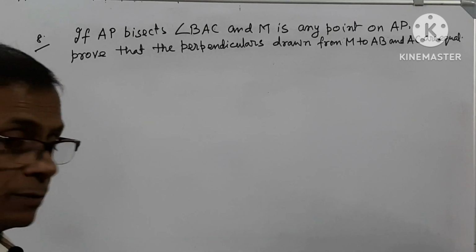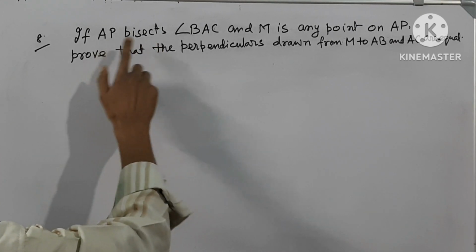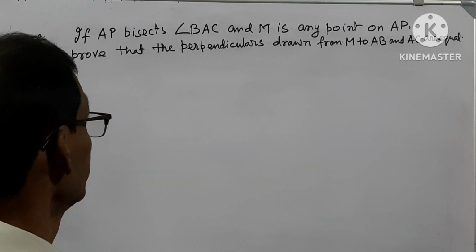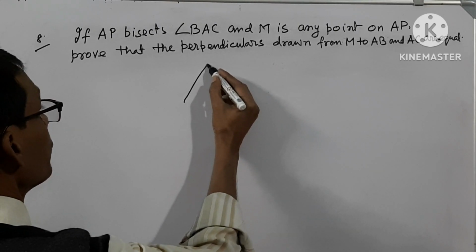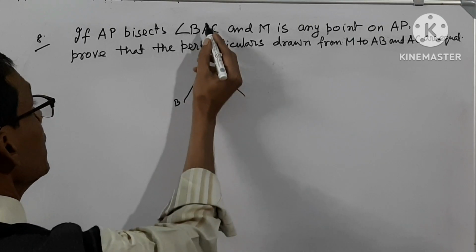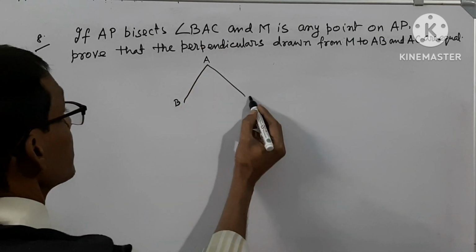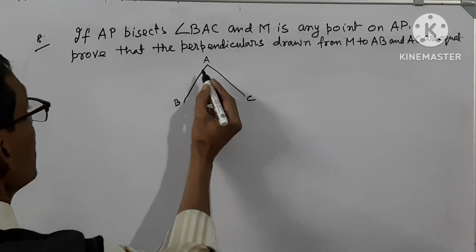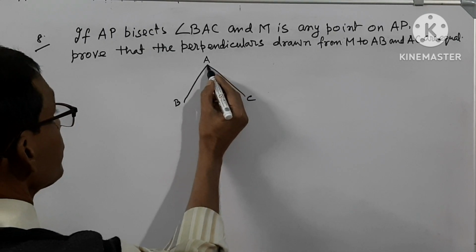Question number 8, we will do. If AP bisects angle BAC. So, let's make an angle BAC. So, A will be the vertex, and AP is the bisector of this angle.